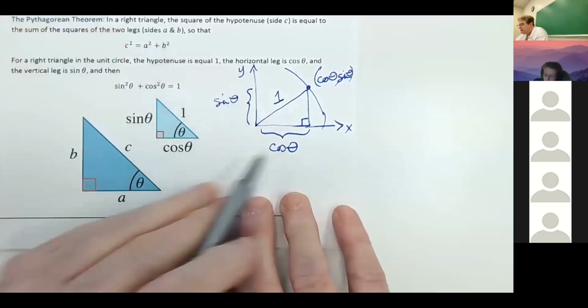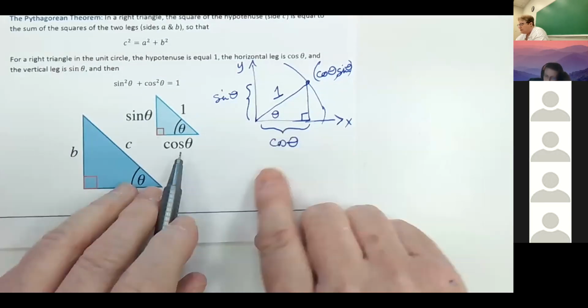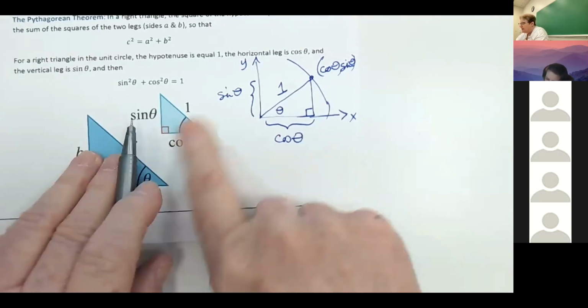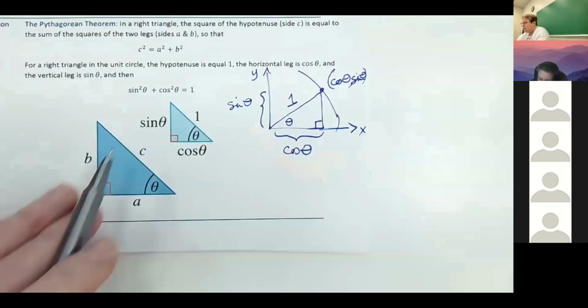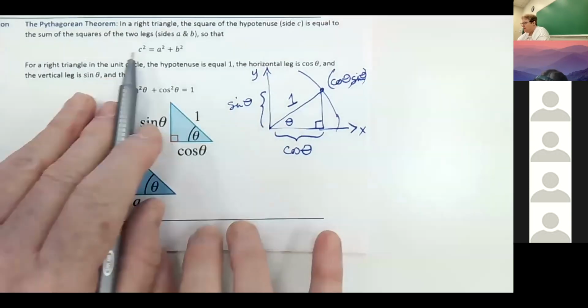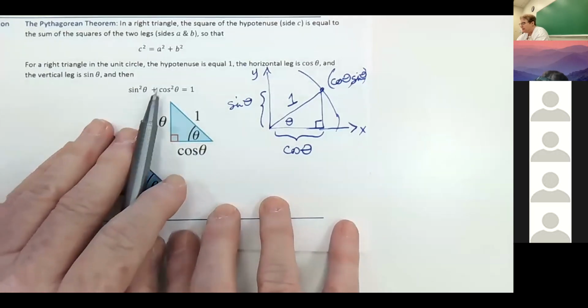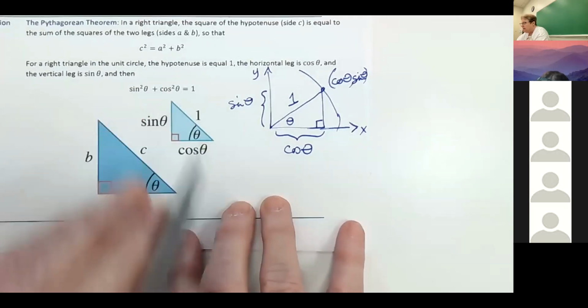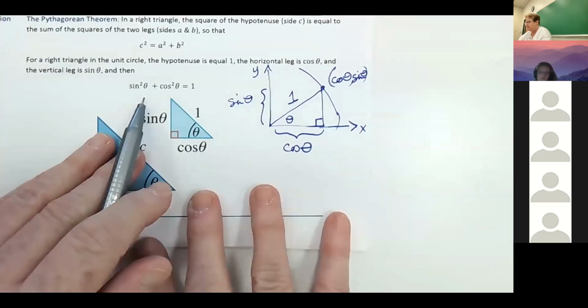So now we've got a triangle with cosine theta, sine theta, and 1, which is, besides the Pythagorean theorem, the most famous Pythagorean theorem: sine squared theta plus cosine squared theta is 1. If you do memorize anything, I would really like it if you memorize that.